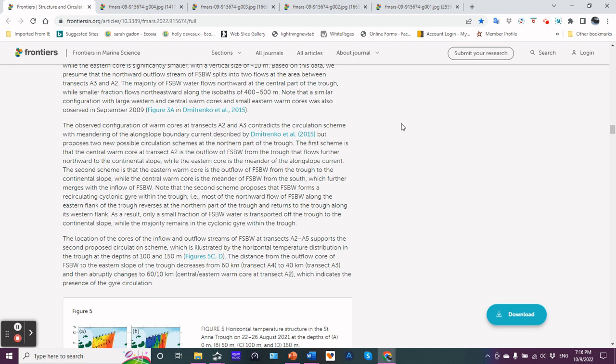So, in other words, their findings seem to go against or counteract what Dmitrenko described in 2015. Considering this is 6 years later, things could have changed. What he proposed in 2015 might have been correct, but things are constantly changing, so now his model needs to be modified.